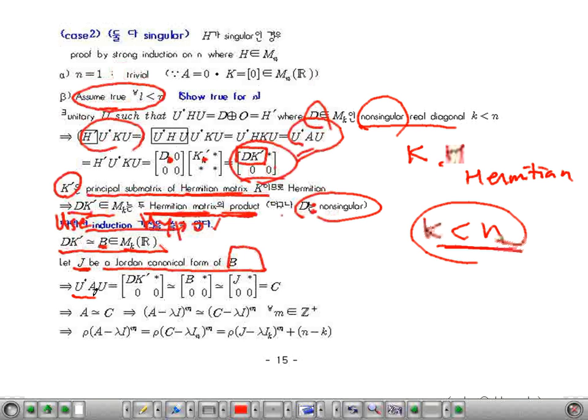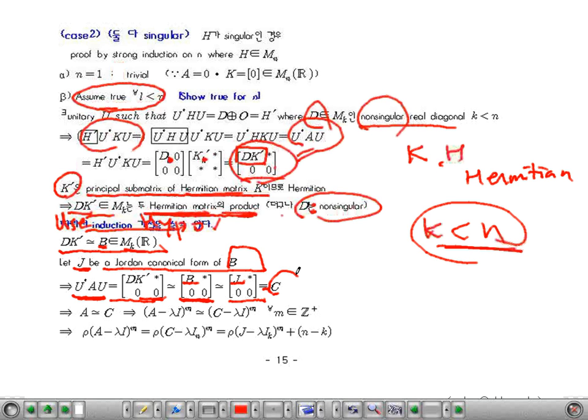Then U star AU is this one, but since the Jordan canonical form of B is J, this block matrix is similar to this block matrix. So this matrix DK prime is similar to this matrix.